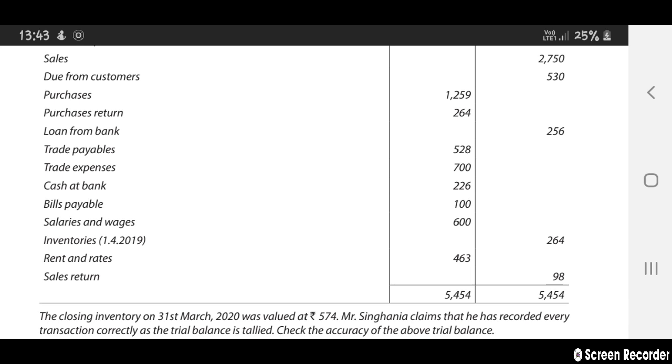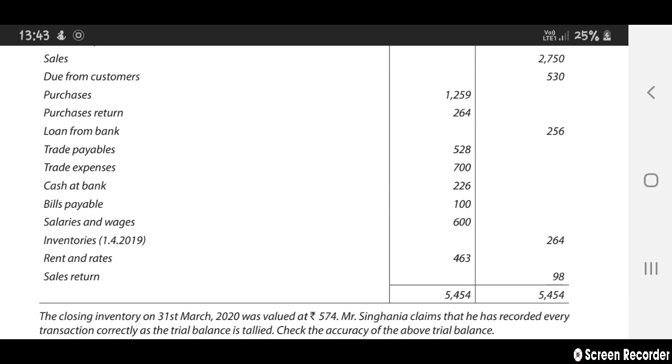Bills payable 100 paid, and 600 as salary and wages. Inventories 264 credited. Rent and rates 463 paid. Sales return 98 credited.